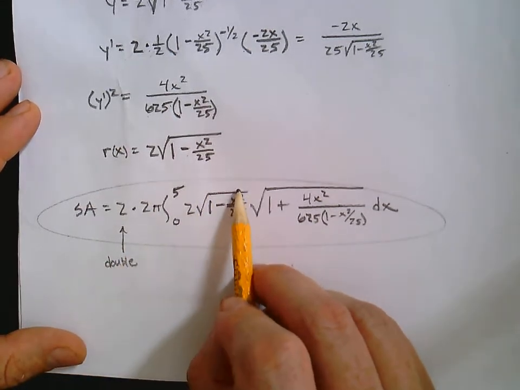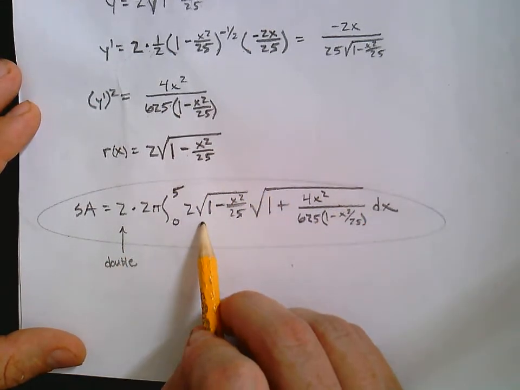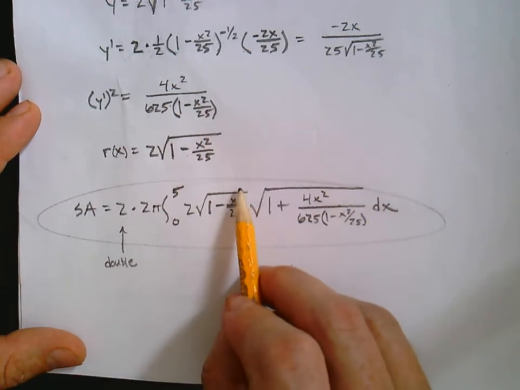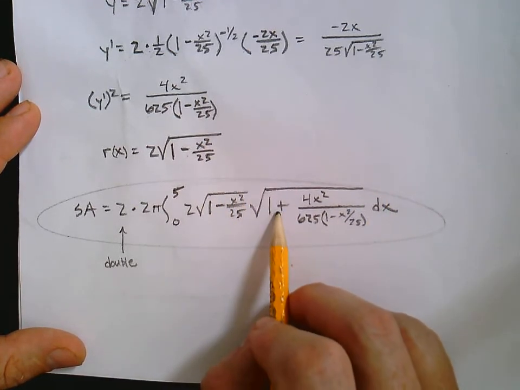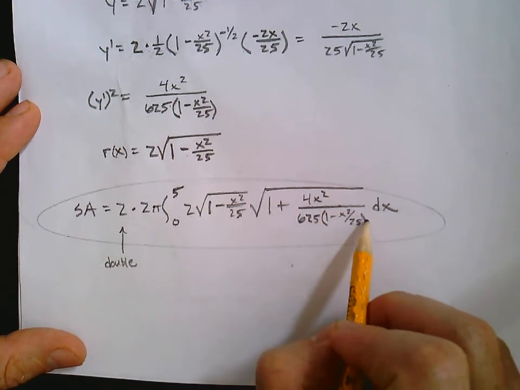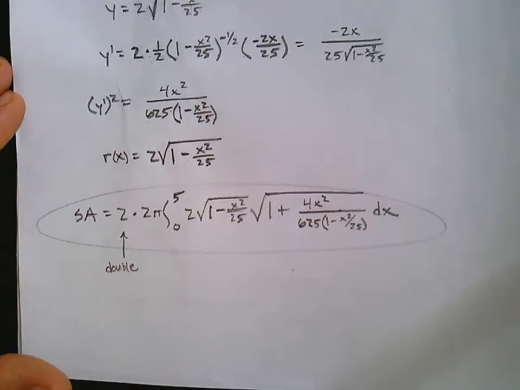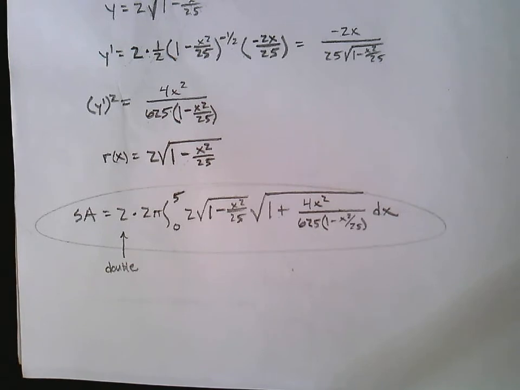Then we've got a square root times another square root. We could put that all under one big square root and distribute the 1 minus x squared over 25. And you notice it would cancel out with this one. And we could start to clean it up and see what happens from there. So if you want to explore that on your own, I certainly welcome you to do that. Although here, we're just setting up the integral. So we're done at this point.